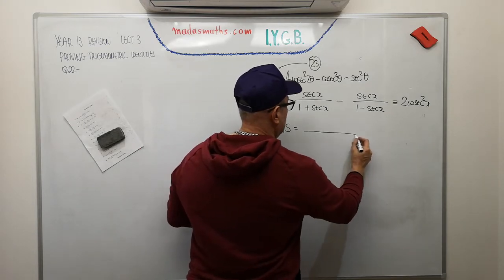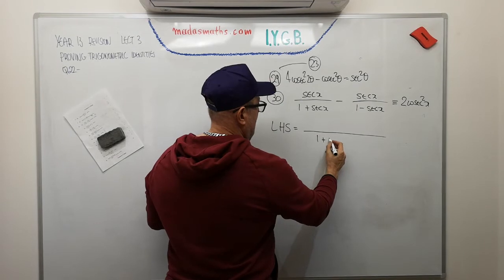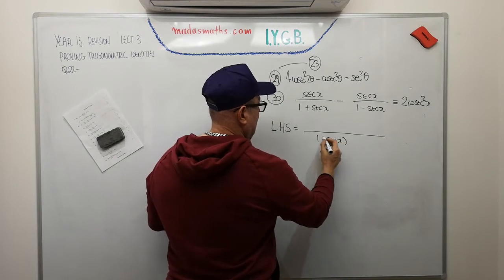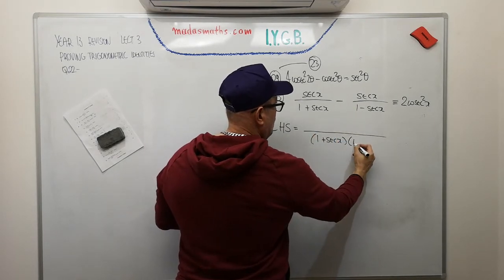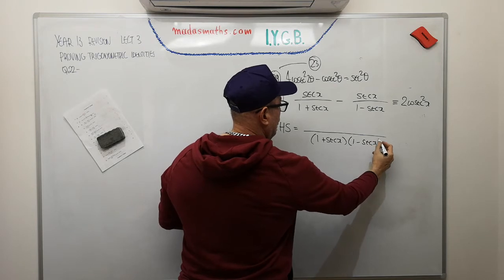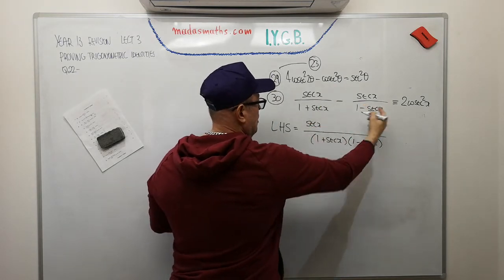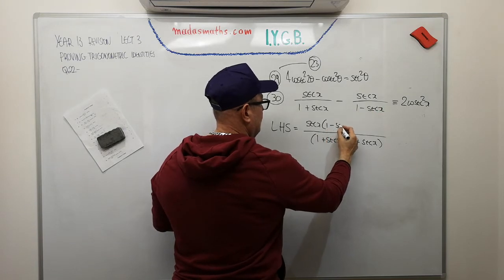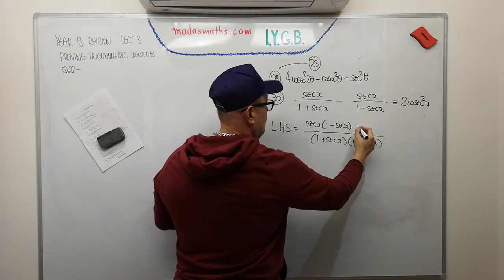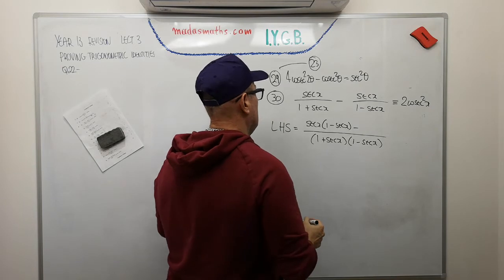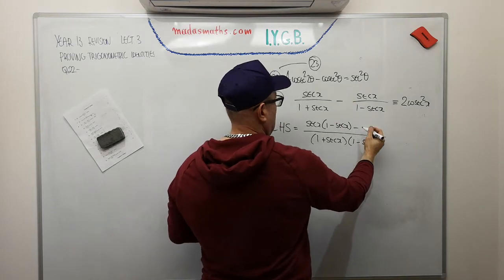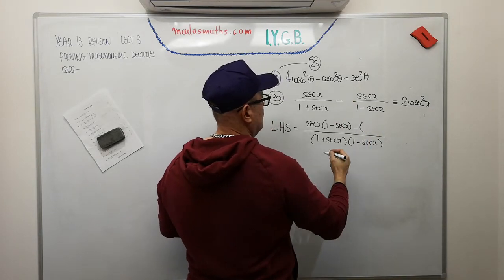So put the common denominator: 1 plus sec x multiplying 1 minus the sec of x. And on the top, the sec of x is to be times by bracket 1 minus the sec of x. Careful with the minuses there. You have to be careful with identities like this because it's very easy to make mistakes on the signs and cancel the wrong things.